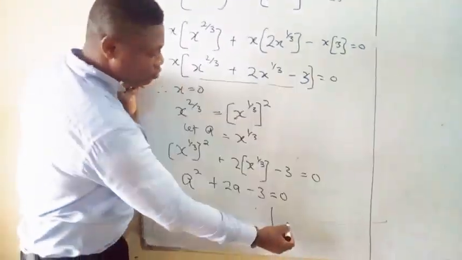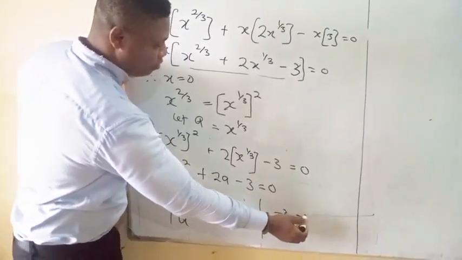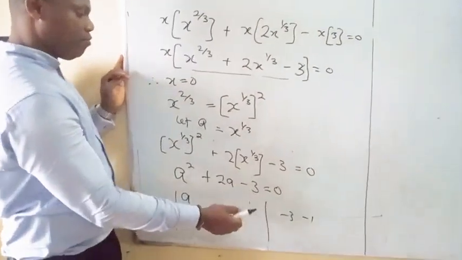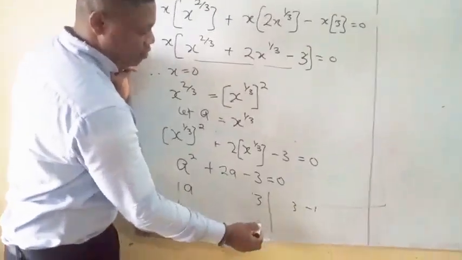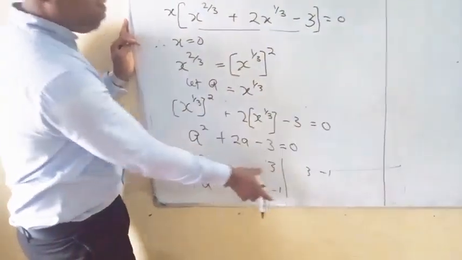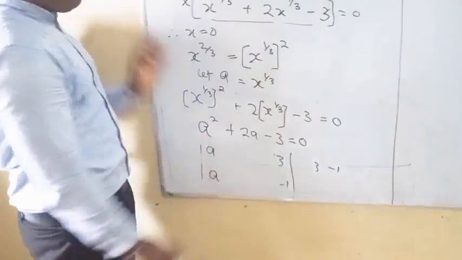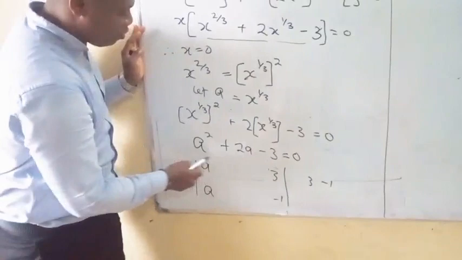I think those values should be 3 and minus 1. So when we multiply this, it should be giving me minus 3. And when we add these up, should be giving me a value of 2. So that means I have my factors here.